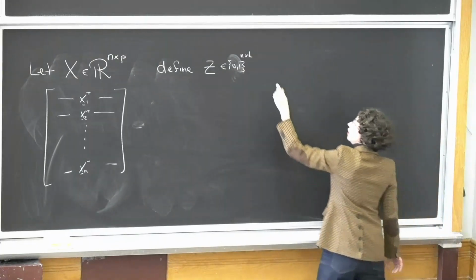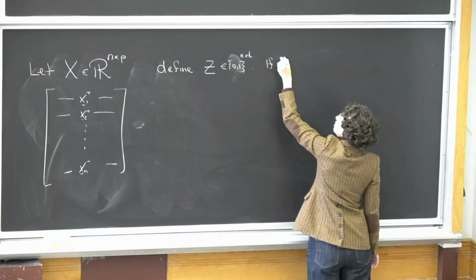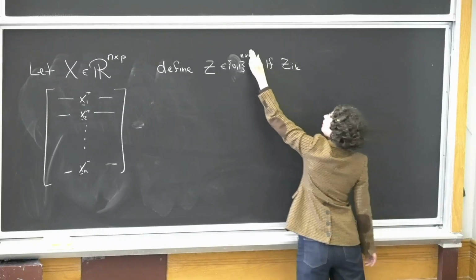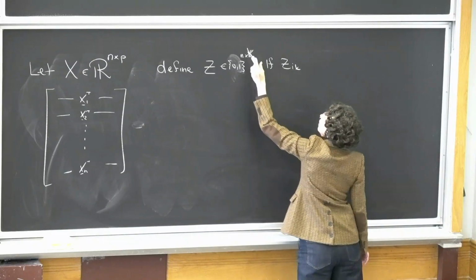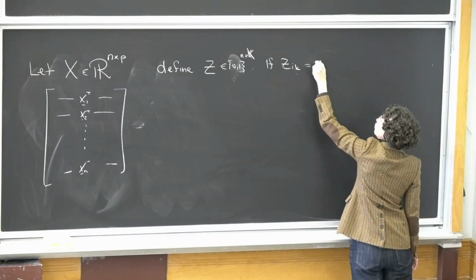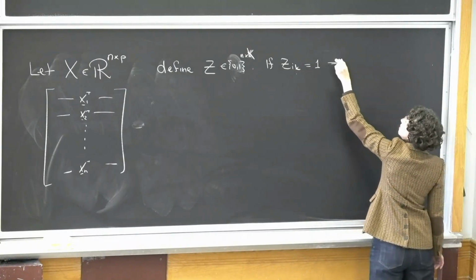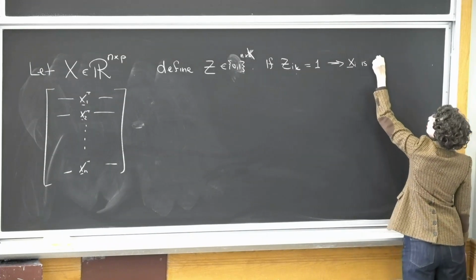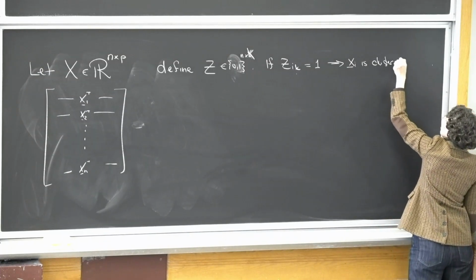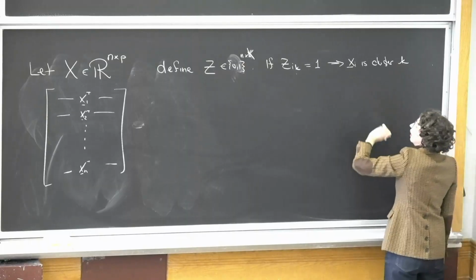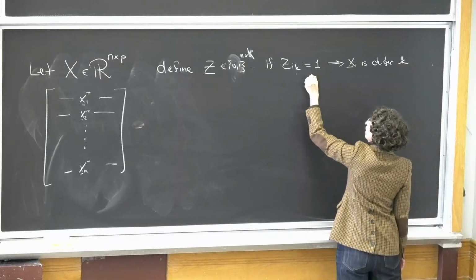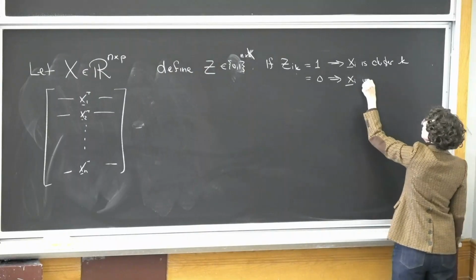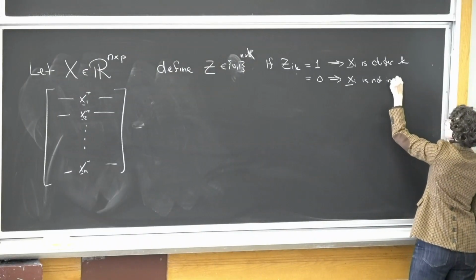So if z_ik, where this is capital K here, is equal to 1, it means that xi is in cluster k. And if z_ik is equal to 0, then xi is not in cluster k.